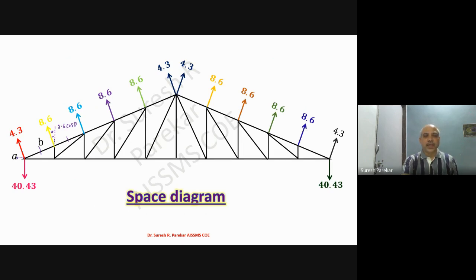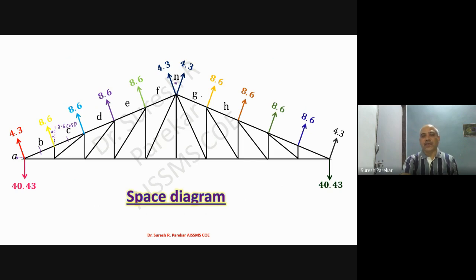Now for the notation of the spaces, we have A B C D E F, and till this it is as it is, but here we have one space that is created between these two loads, which is not in the dead load. So we give different names so that F G H we get as it is, and the forces in members become easy for you to recognize, with the same names.